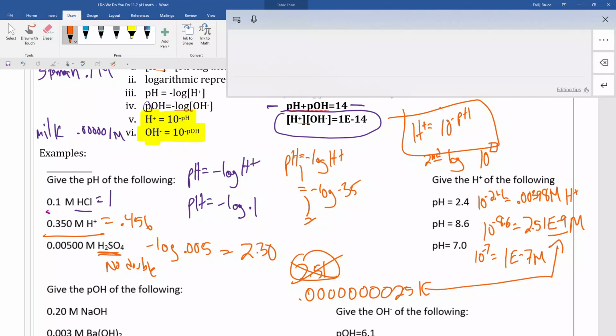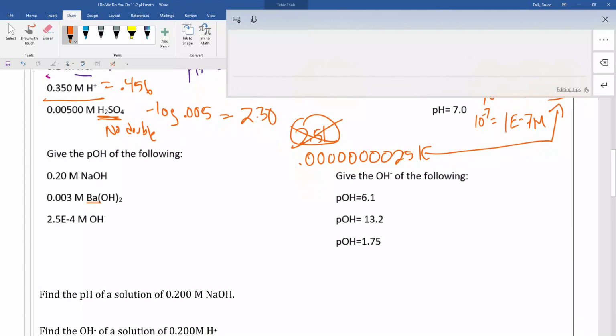All right. So here we go. pOH. Notice these will be bases for the most part. How can I tell this is a base? Oh, it ends in OH, right? And this is a strong base. Strong like a bull. Why? Because it is in the first two columns of the periodic table.